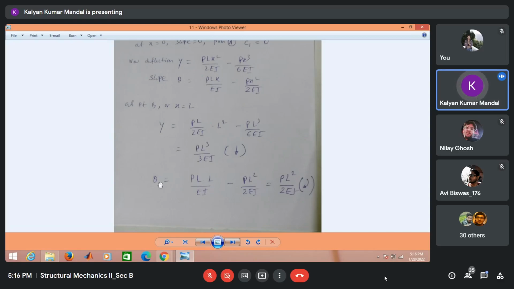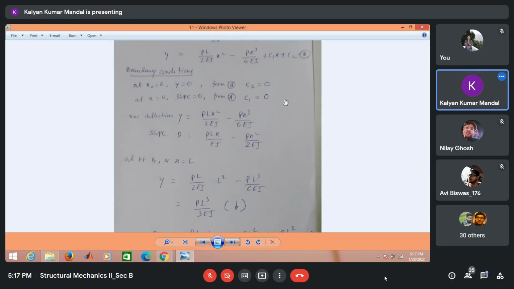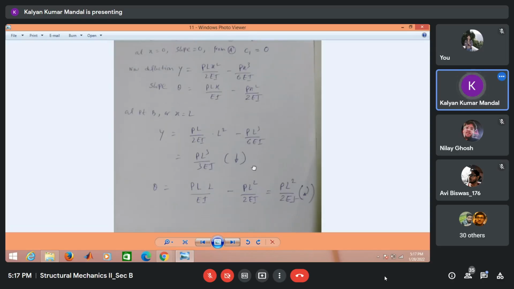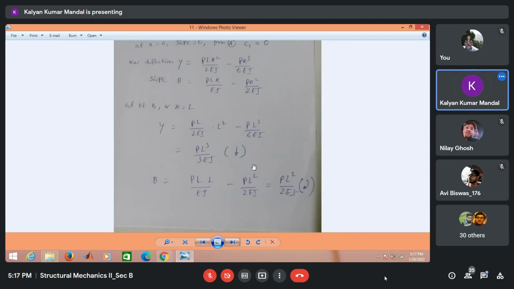Then the slope at point B will be PL multiplied by L divided by EI minus PL squared divided by 2EI, or PL squared by 2EI. As it is positive, the direction will be clockwise.